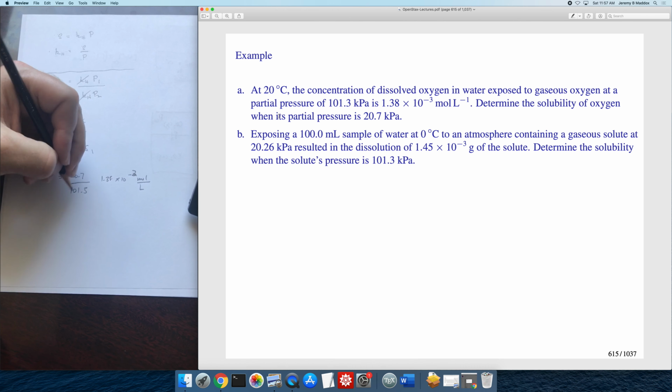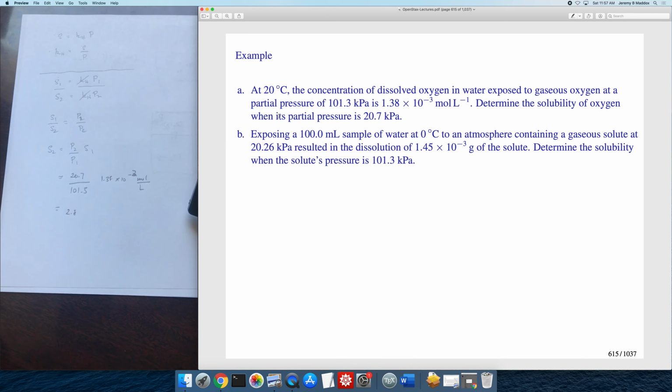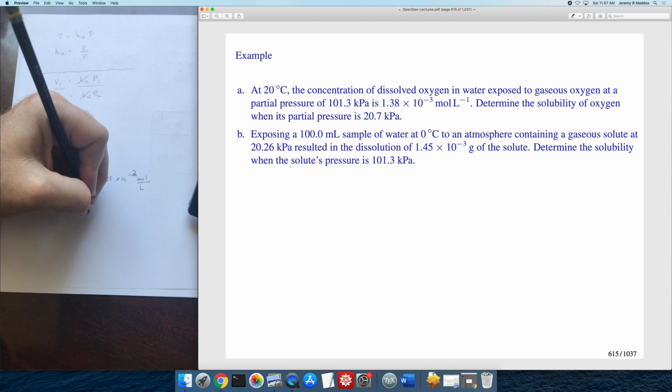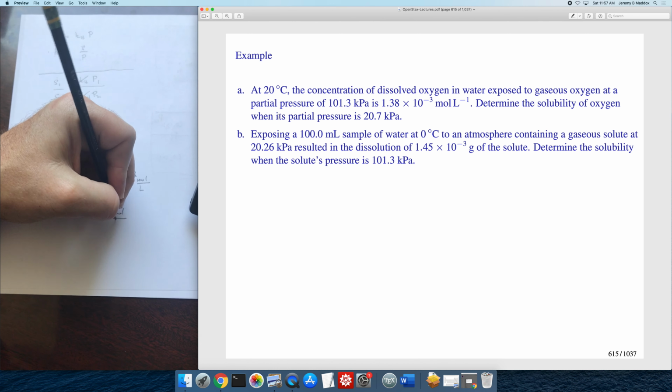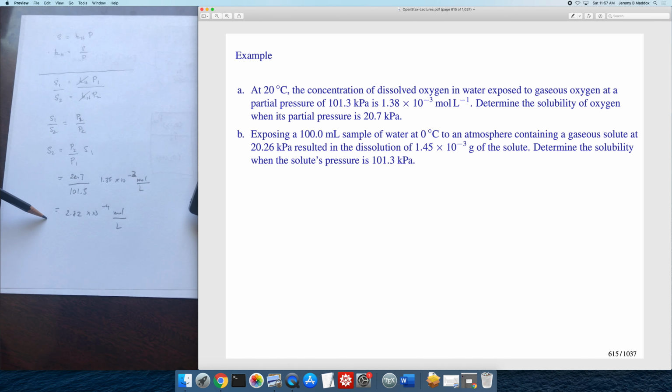I'm getting 2.82 times 10 to the minus 4 moles per liter. So that is the concentration of oxygen dissolved in water at 20.7 kilopascals.